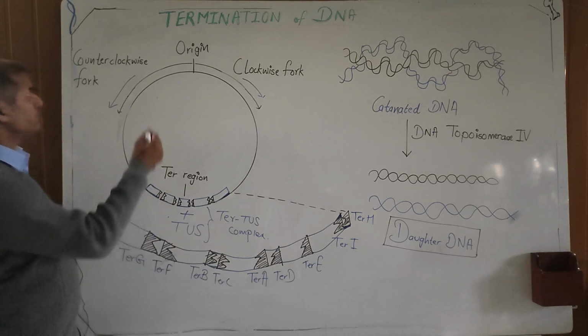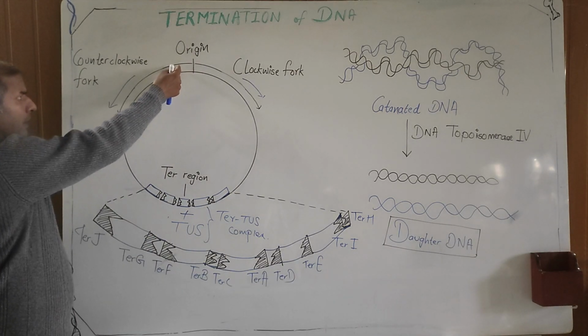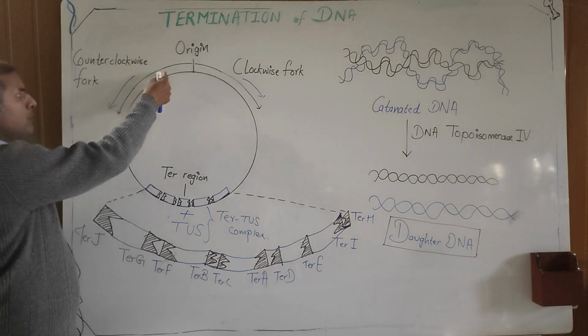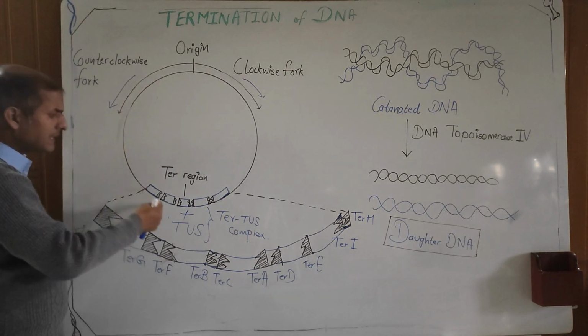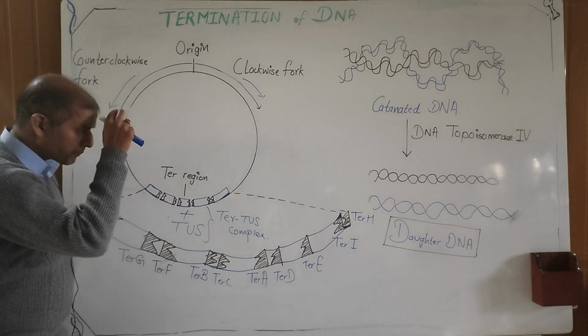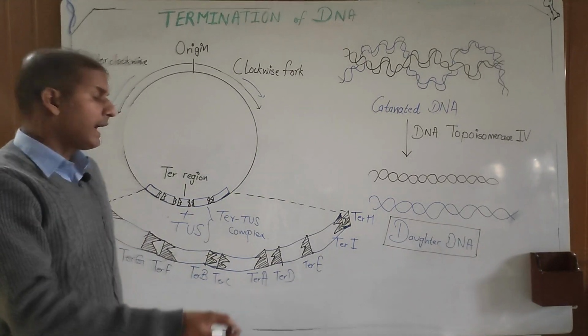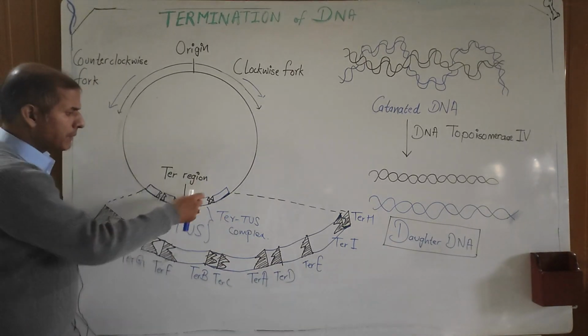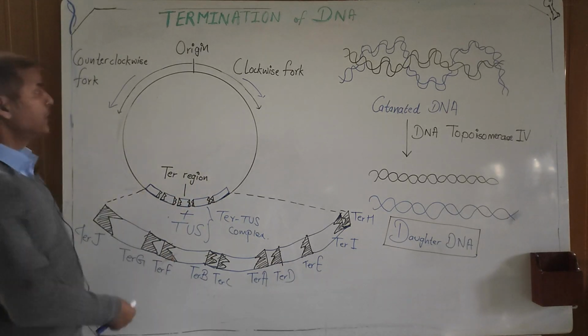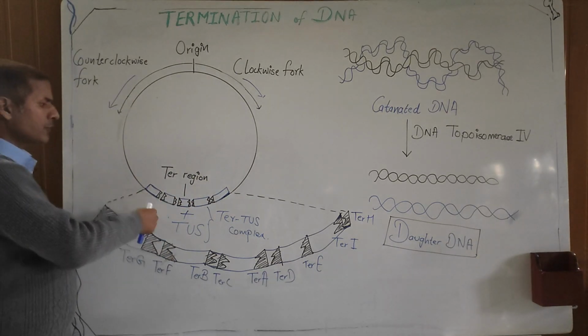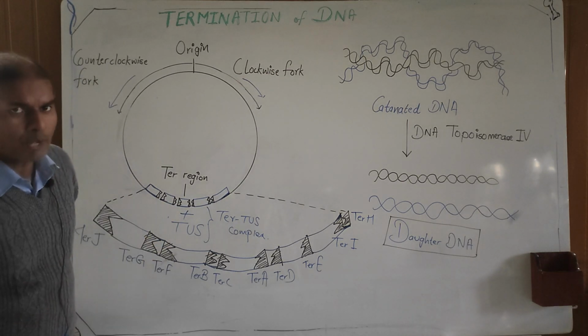At the same time, when another replication fork that moves in the opposite direction comes near the TER-TUS complex, at which one of the replication forks is halted, then the other replication fork also stops at that point.